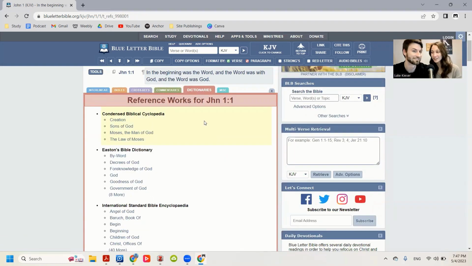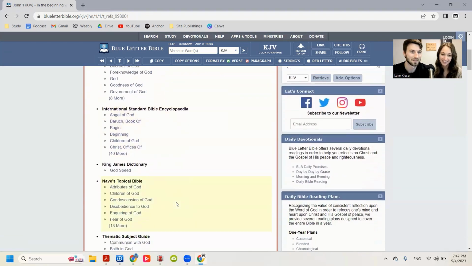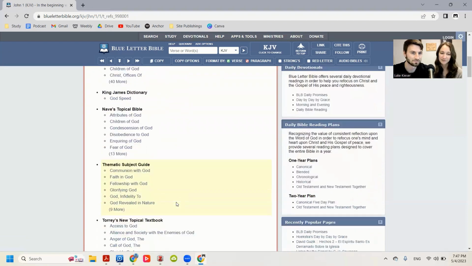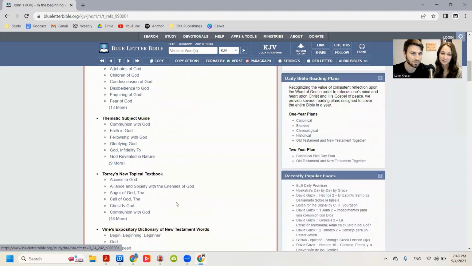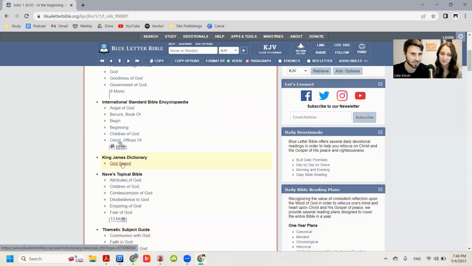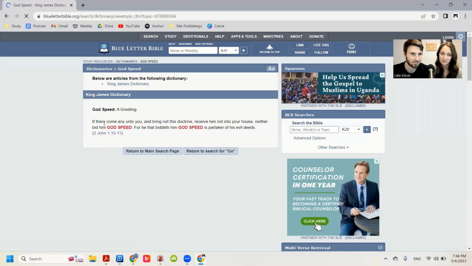Is this a dictionary or a lexicon? Well, here, Easton's Bible Dictionary, that's an encyclopedia. Here, the International Standard Bible Encyclopedia. So that's an actual encyclopedia. Most of these are going to be encyclopedias. Some of them won't. Like the King James Dictionary, I'm pretty sure is very short.